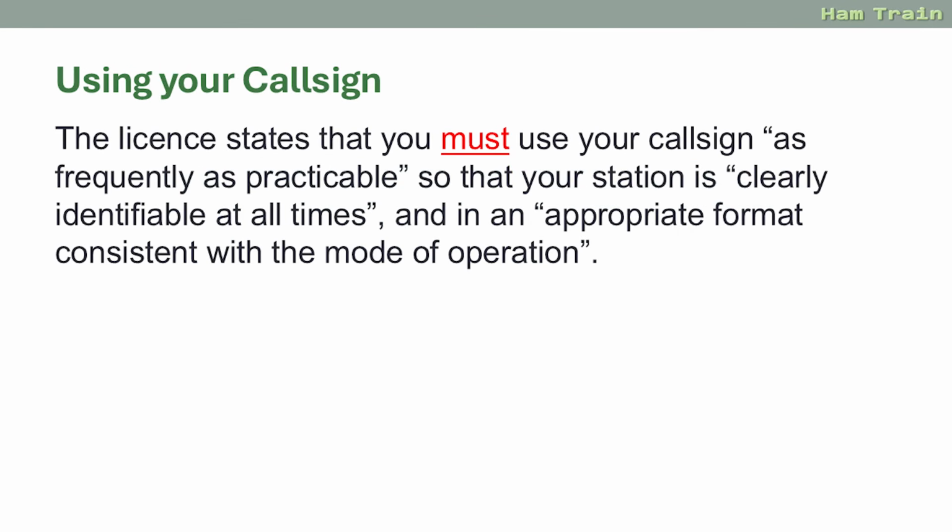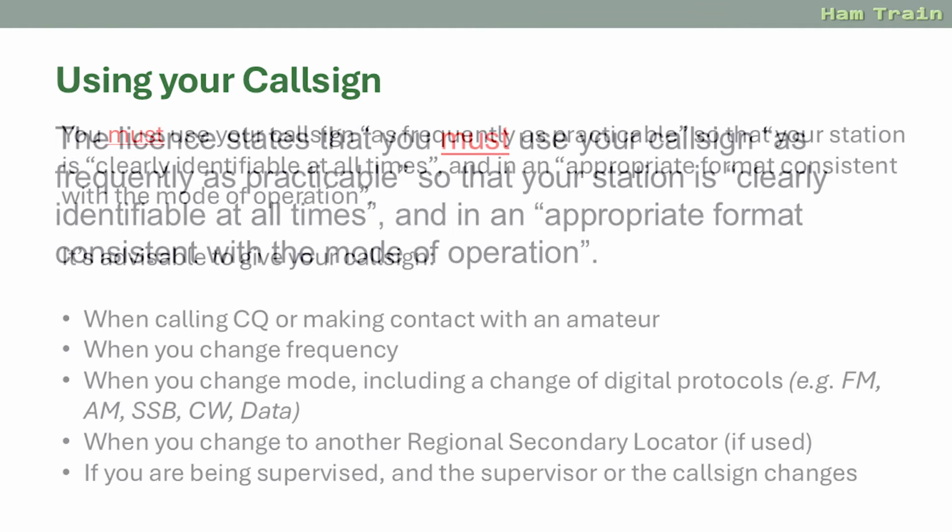So how do you use your amateur radio call sign? Well, the licence states that you must use your call sign as frequently as practicable so that your station is clearly identifiable at all times and in an appropriate format consistent with the mode of operation. As that's not very helpful, here is some guidance on when to use your call sign.